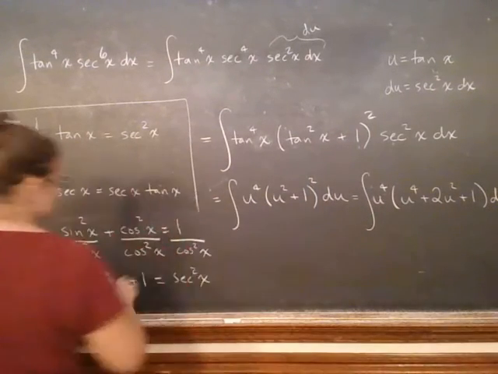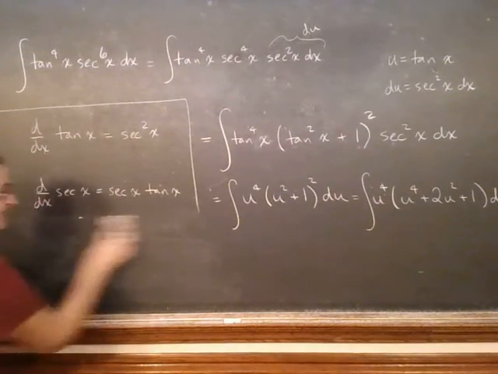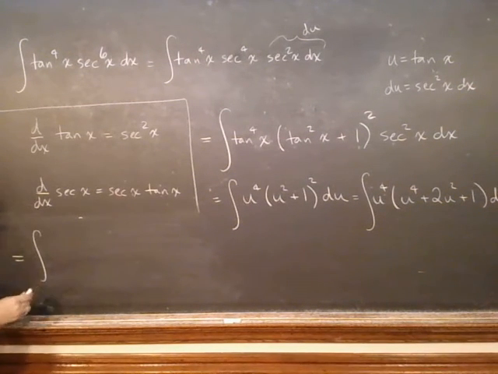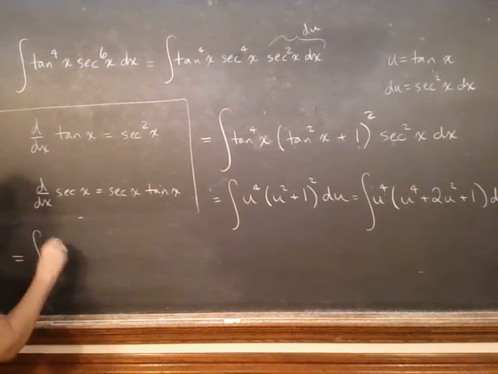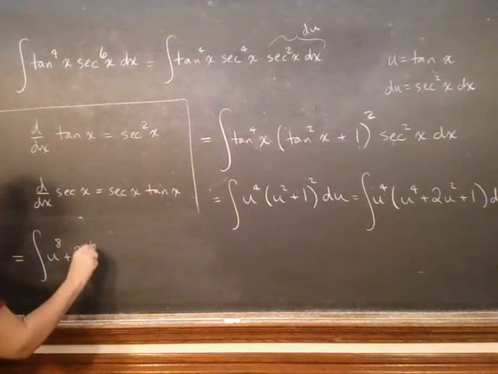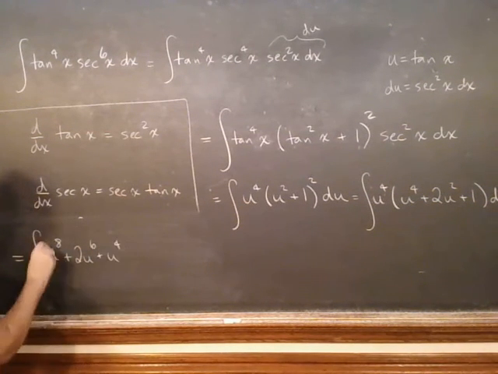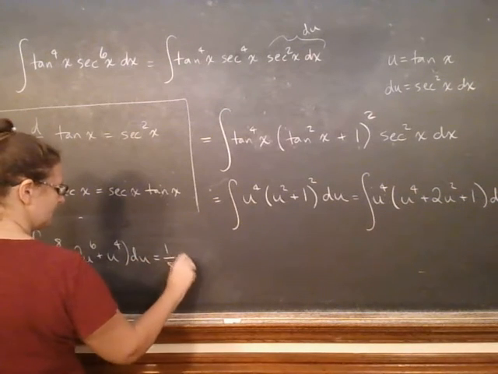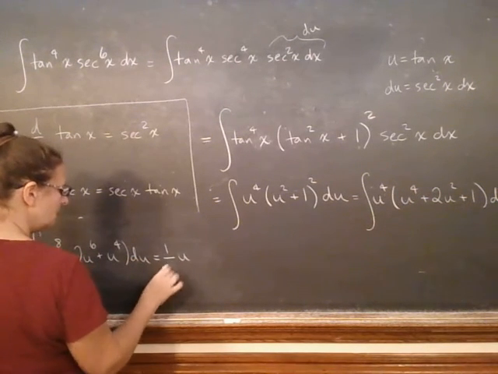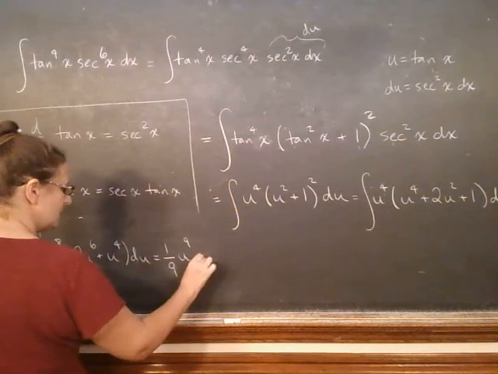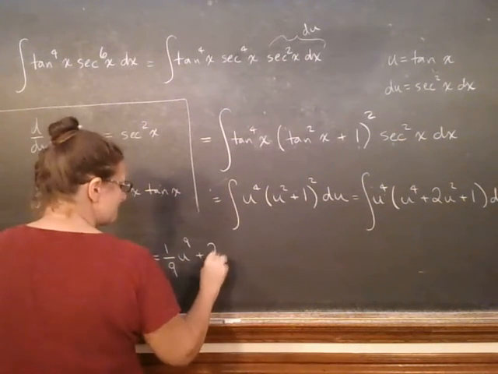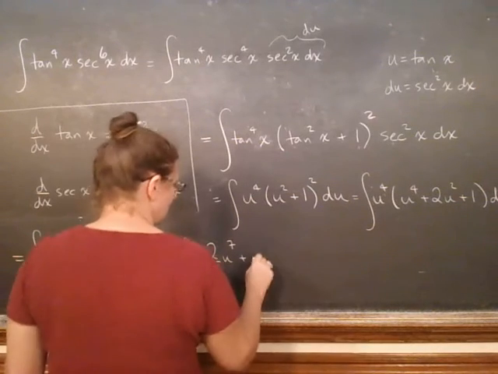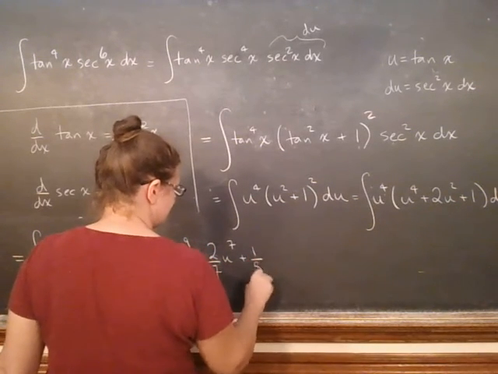And now I'm going to proceed down to here. Hopefully we can see that, okay? So I end up integrating u to the 8 plus 2u to the 6 plus u to the 4th. So 1/9 u to the 9, 2/7 u to the 7th, and 1/5 u to the 5th, right?